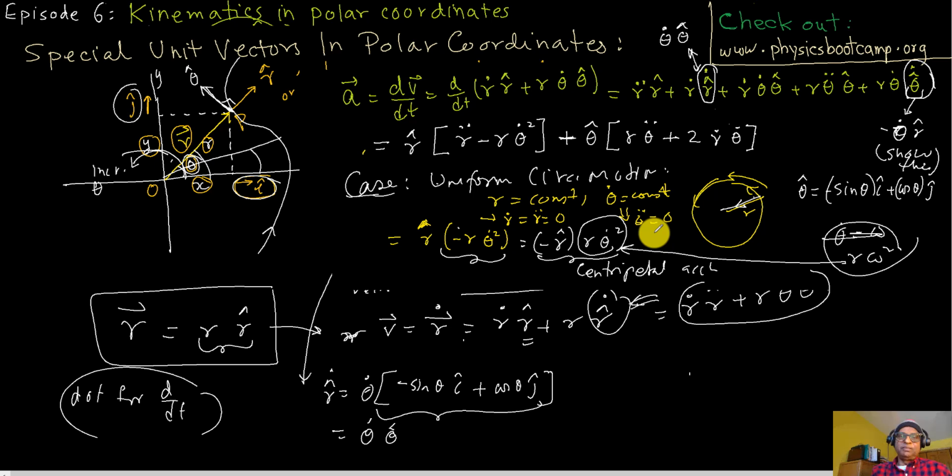But suppose I don't have circular motion, maybe I have elliptical motion. Even there, it will be easier to work in polar coordinates.